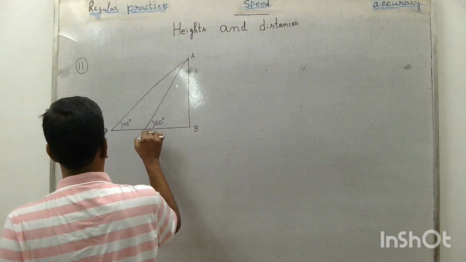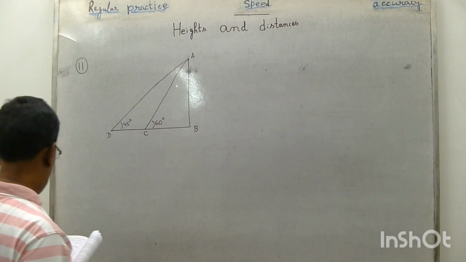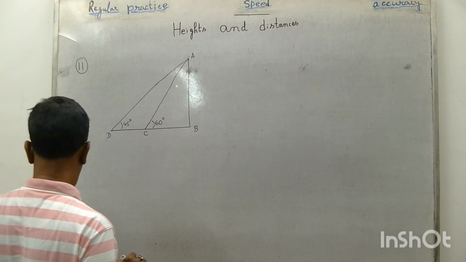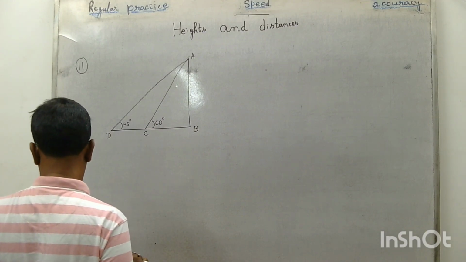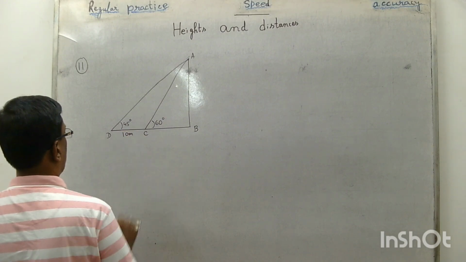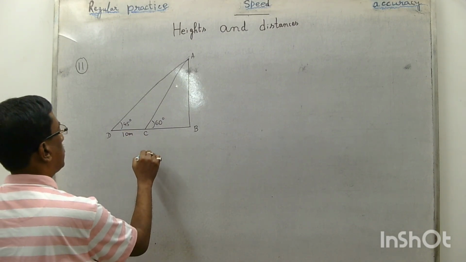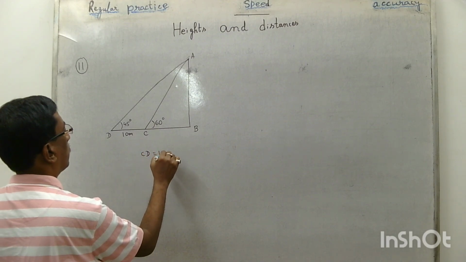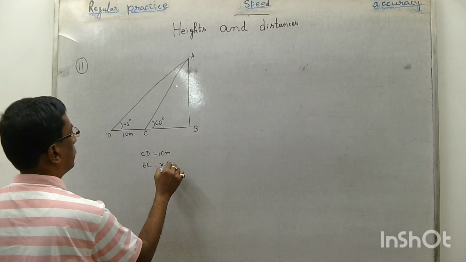A, B, C, D. The shadow of a tower when the angle of elevation of the sun is 45 degree is found to be 10 meter longer. So according to the statement, CD is 10 meter. We don't know BC. Let it be x.